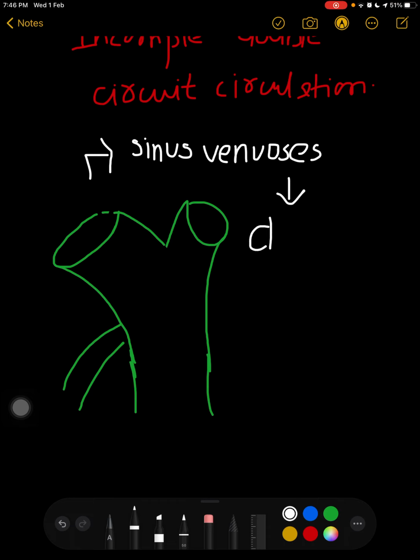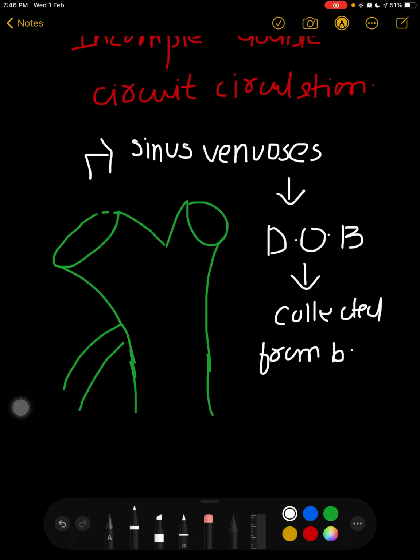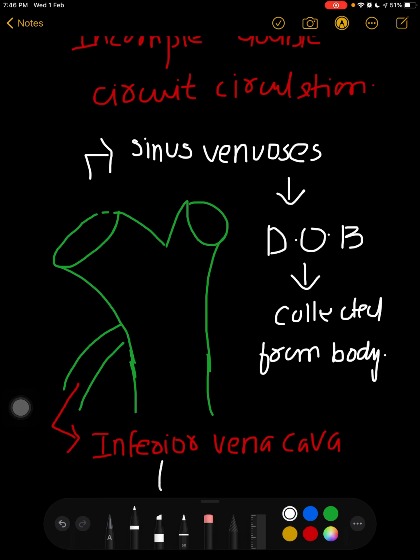So let me write here in short form: deoxygenated blood is collected from whole body. From body, right? So here we have, this is known as inferior vena cava, also known as post cable, right?